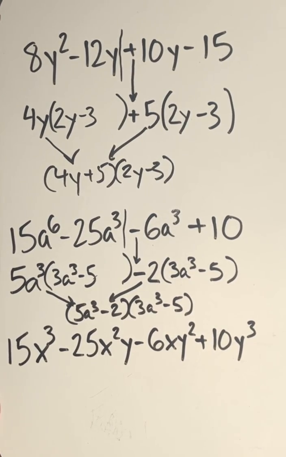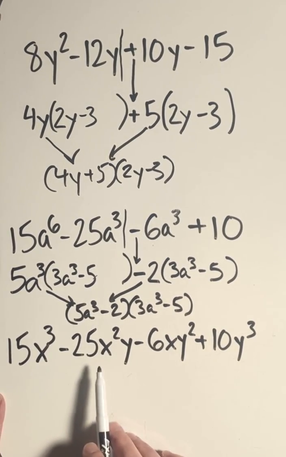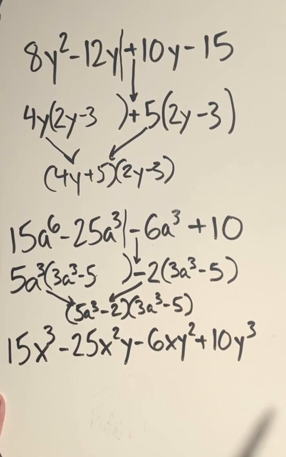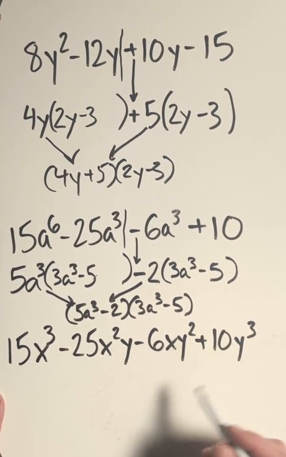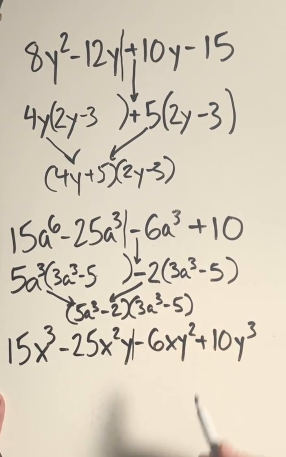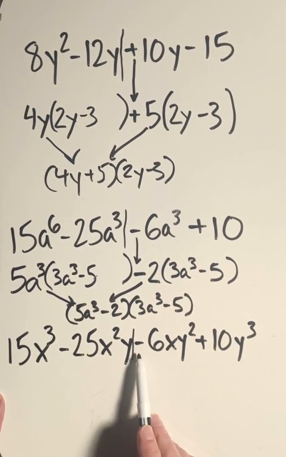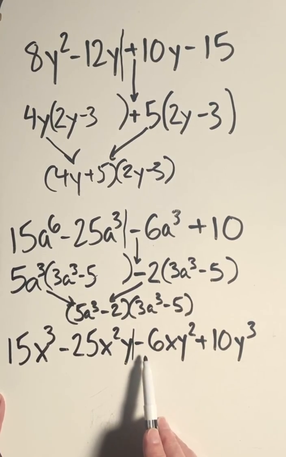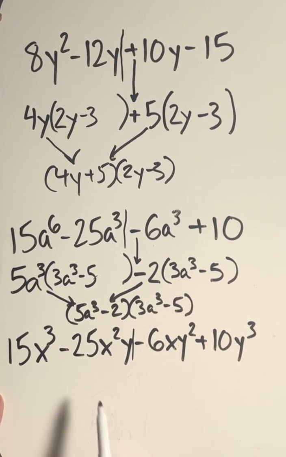We'll do that same process here when we have multiple variables to different powers in the same polynomial. Again, if we're going to factor by grouping, we're going to divide this down the middle to the left of the sign of the third term, so if it's positive or negative, we're going to bring it straight down.